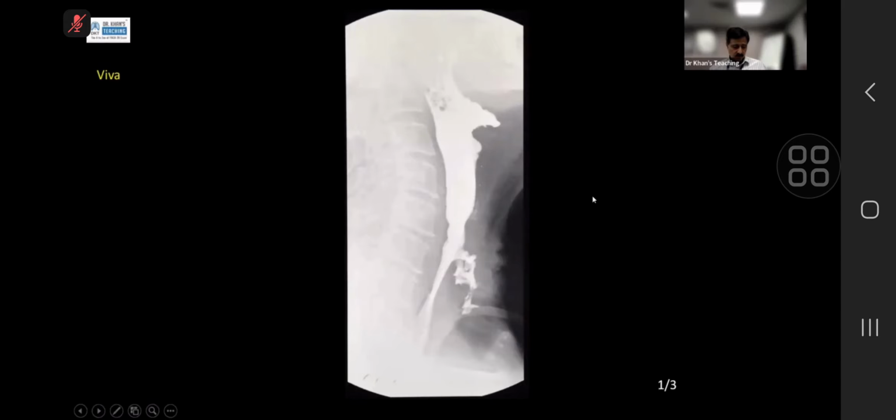Yeah, and it is going in, the area appears irregular. So this is likely the level of the piriform fossa, which is appearing irregular.